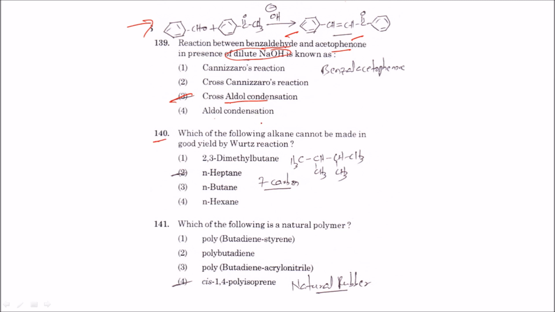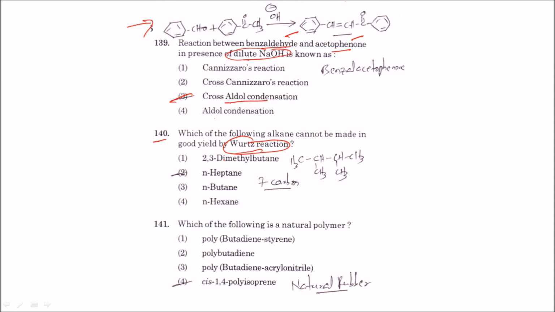Question number 140. Which of the following alkanes cannot be made in good yield by Wurtz reaction? Wurtz reaction is nothing but when alkyl halides are reacted with sodium in the presence of dry ether to form higher alkanes. So it's a type of coupling reaction, right? Now in the case of Wurtz reaction, we'll get alkanes with even number of carbons in good yield always, because we can start with only one type of alkyl halide.